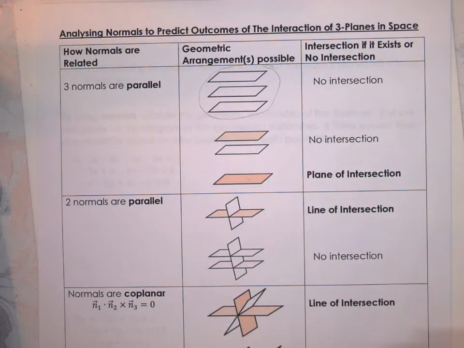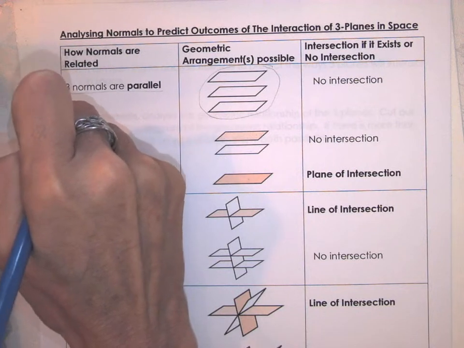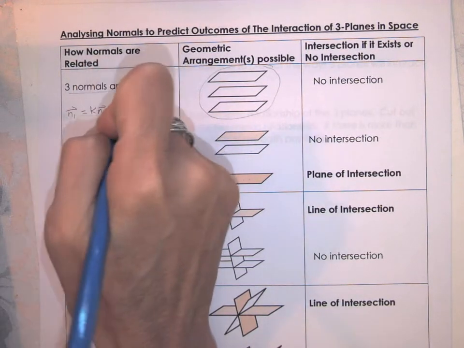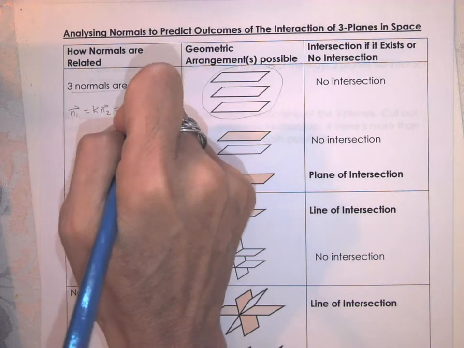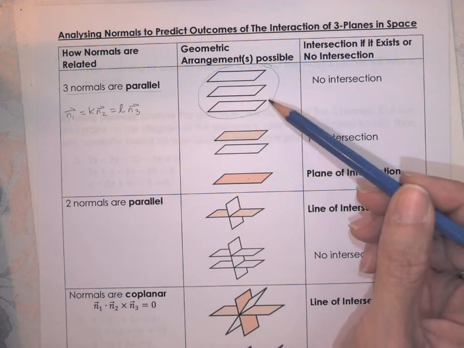These all occur when the three normals are parallel, so when n1 equals some scalar multiple of n2 equals a different scalar multiple of n3. When the normals are all scalar multiples of each other, you have one of these three outcomes, and then you would, of course, test the d values to see which one you have.